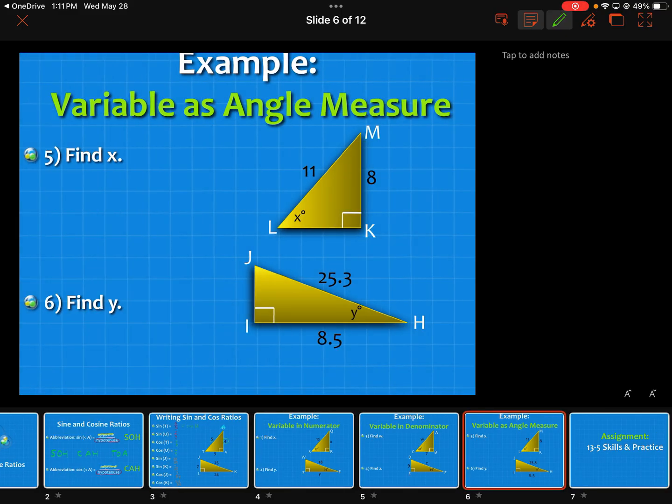Do the same thing when your angle measure is missing. If you want angle L, we're calling that X. That 8 is your opposite, the 11 is your hypotenuse. This means use sine. Sine of your unknown equals 8/11.